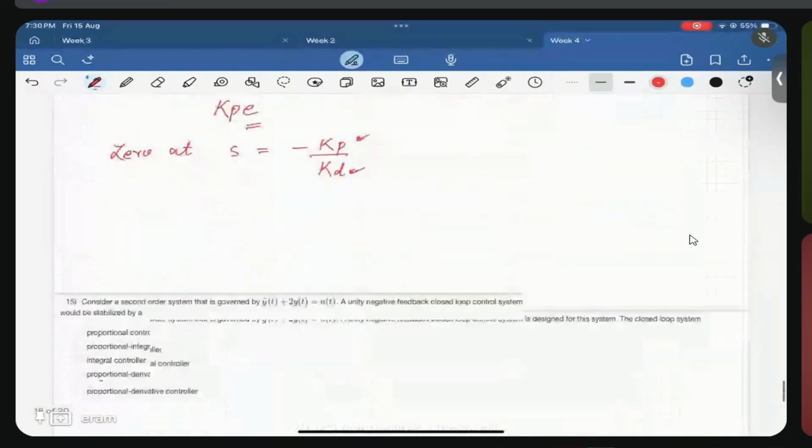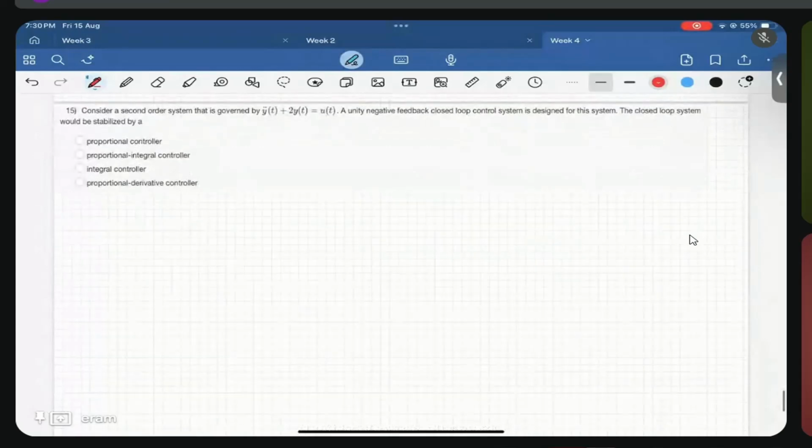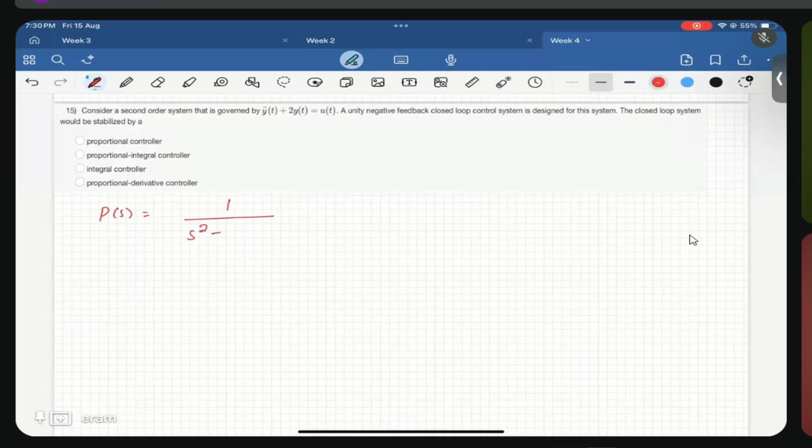So the transfer function of the plant is given as 1 by s square plus 2. Okay. So what is the closed loop transfer function?